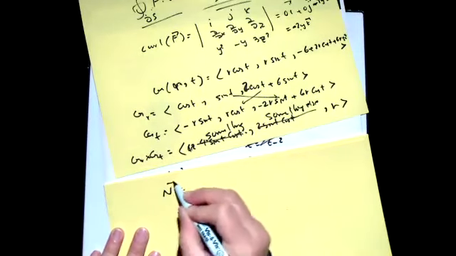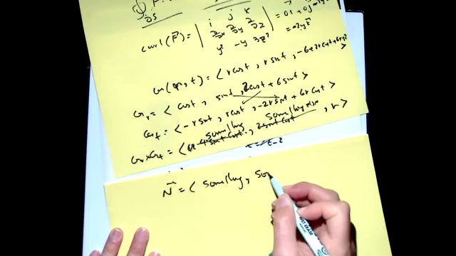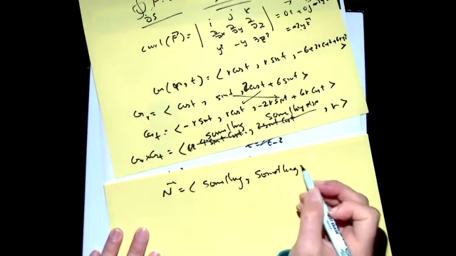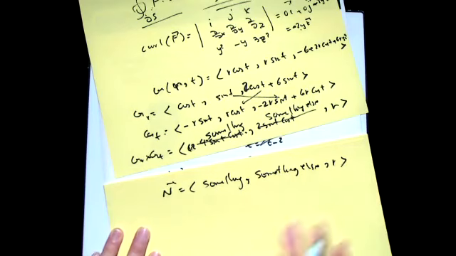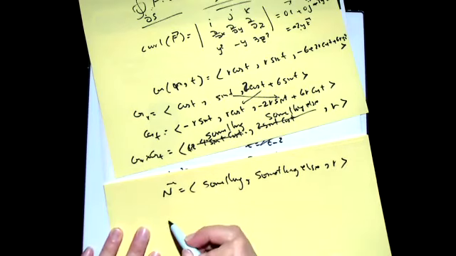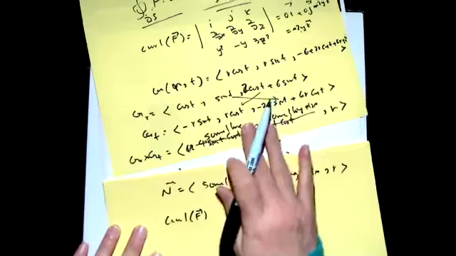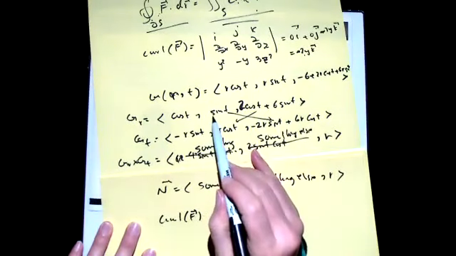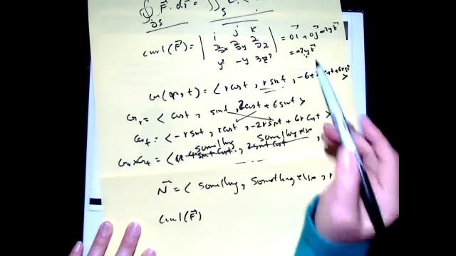And now N is something and something else and r. Now I do curl of F, parameterize, add what I need, which gives me the parameterization where y is that.